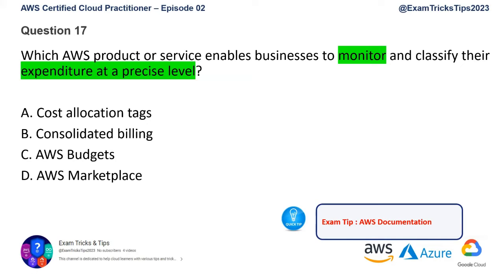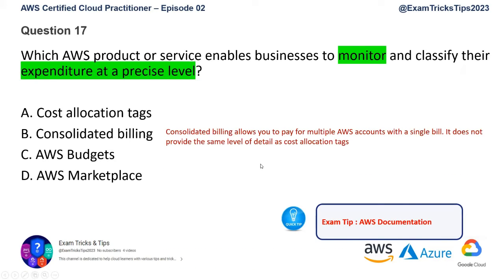So you're on pay-as-you-go, you're using AWS services. How do you monitor your usage? Let's go one by one. Let me rule out option B. What does consolidated billing do? That's a concept coming from AWS Organizations. When you consolidate the billing, you can combine multiple accounts from a billing perspective.